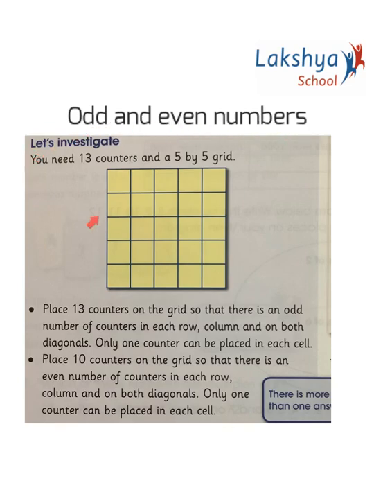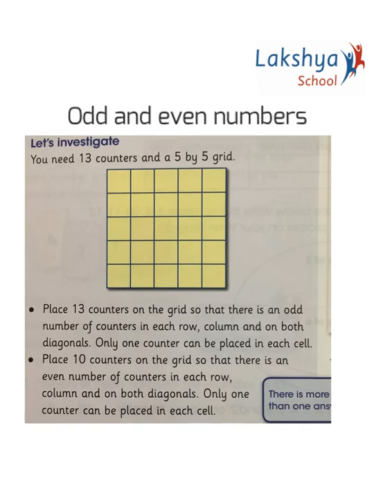Odd and even numbers, let's investigate. You need 13 counters and a 5 by 5 grid. So here is a grid and you need 13 counters. Place 13 counters on the grid so that there is an odd number of counters in each row, column and on both diagonals. Only one counter can be placed in each cell.